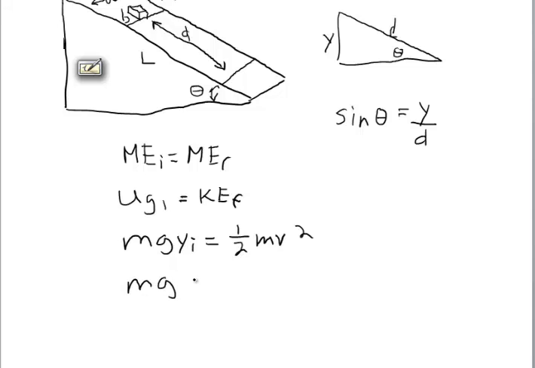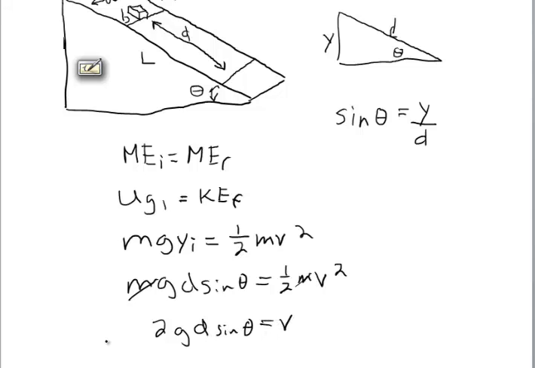Mg d sine theta equals 1/2 mv squared. Both sides have mass, cancel those. Multiply both sides by 2. There you go.